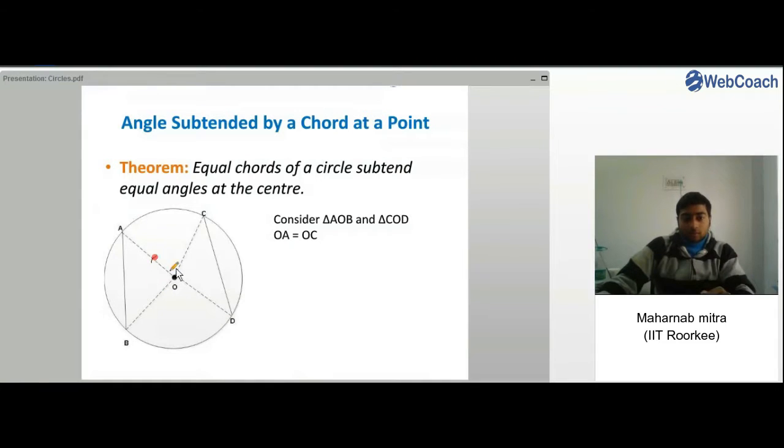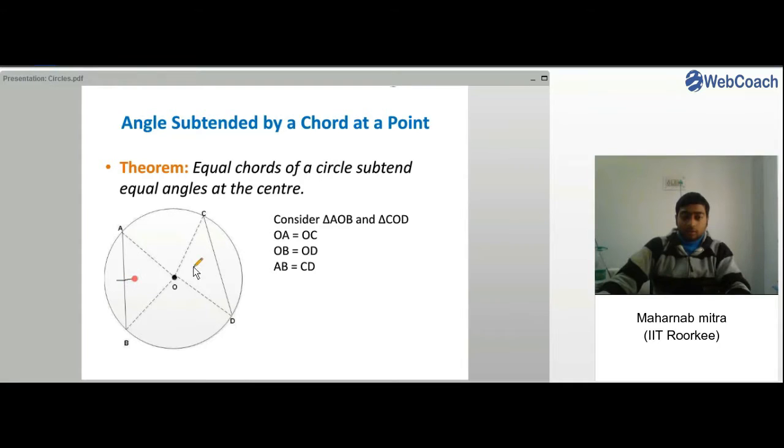So we can see OA equals OC, because the length is just the radius of the circle. Then OB equals OD by the same principle, because OB and OD are both radii of the circle.